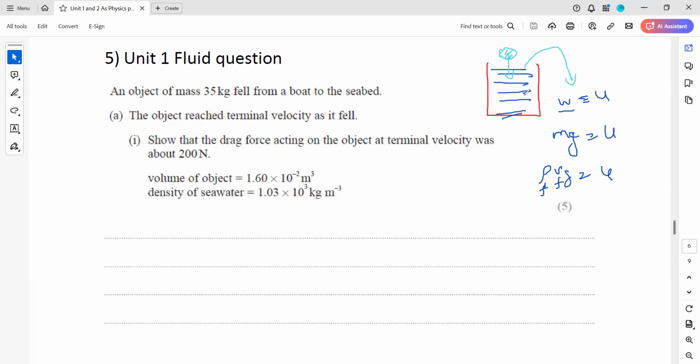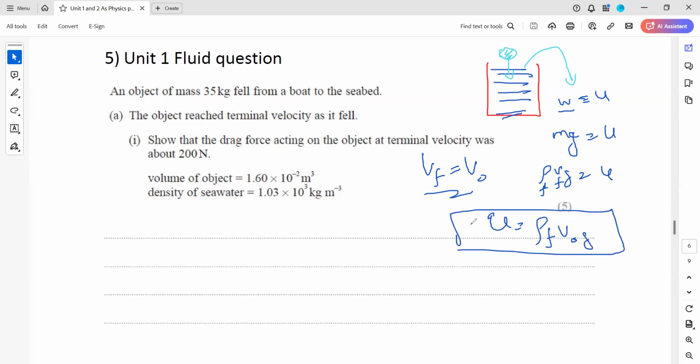This is the volume of the fluid displaced by the object, and the volume of the fluid displaced by the object is the same as the volume of the object. That's why the upthrust is equal to density of the fluid, volume of object and gravity. So the weight of the liquid displaced by the object is actually equal to upthrust. Is it clear?